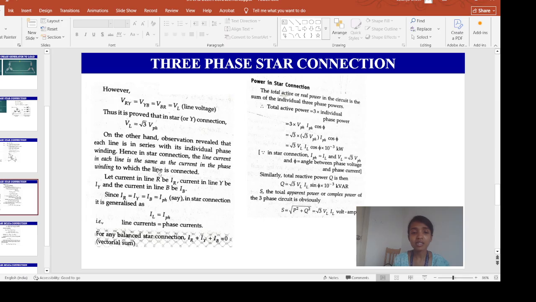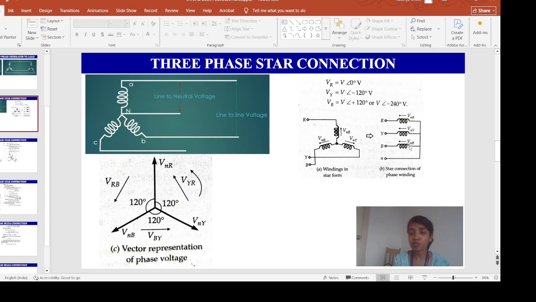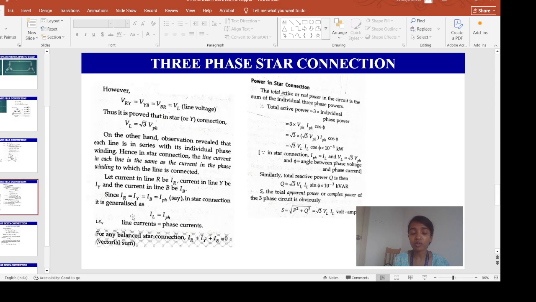Since each line is in series with the individual phase winding, in star connection, line current equals phase current. Sorry, IL equals I phase in case of the star connection, but VL equals root 3 V phase. So these are two very important formulas in case of your star connection.